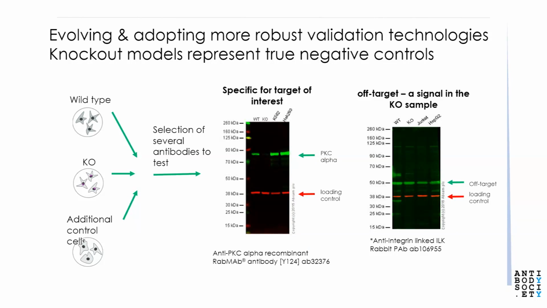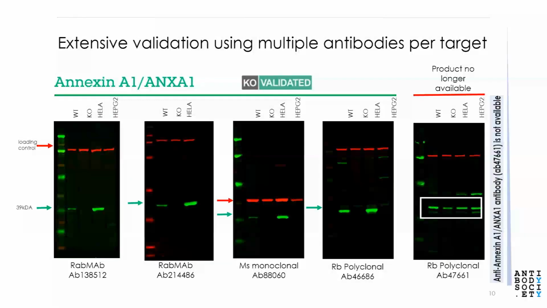So we have taken a thorough approach to validating multiple antibodies to a particular target, because it is very important for us that you have choice for your own experiments, and we want to have multiple antibodies to a particular target that have been confirmed for specificity.